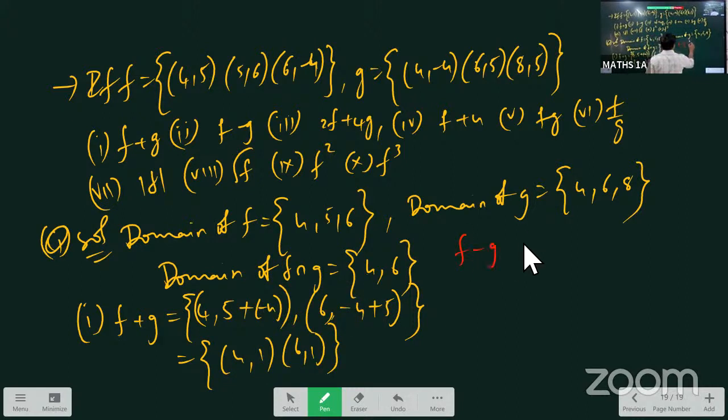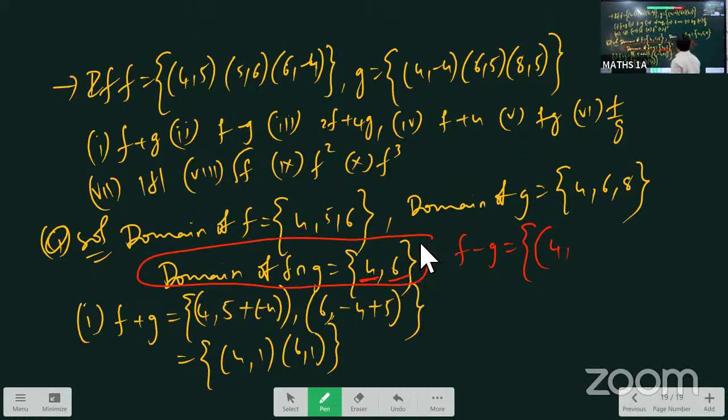F minus g. Common elements, 4 and 6. Now what is f of 4? 5. Minus I should do. Whatever the symbol I'm having, you put minus. And g of 4 is how much? Minus 4. Keep it in bracket. Next, 6, what is f of 6?